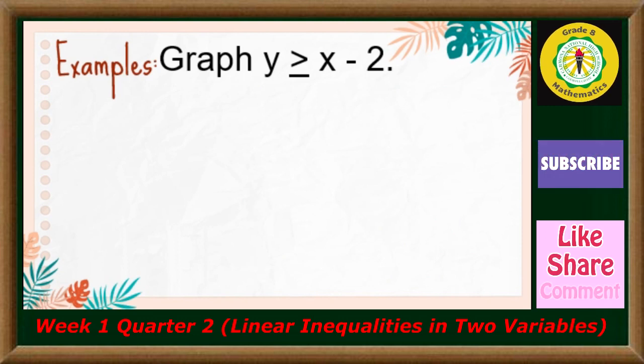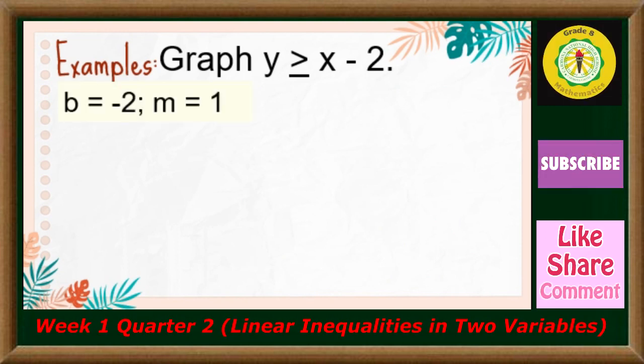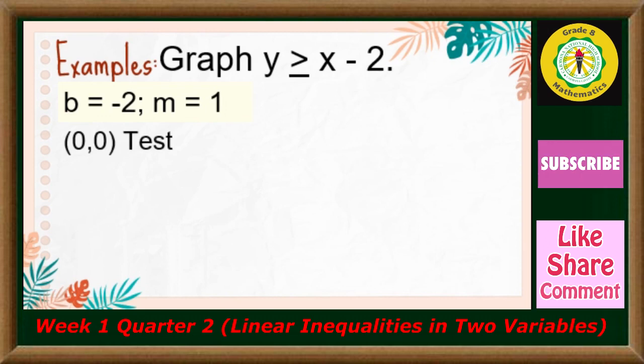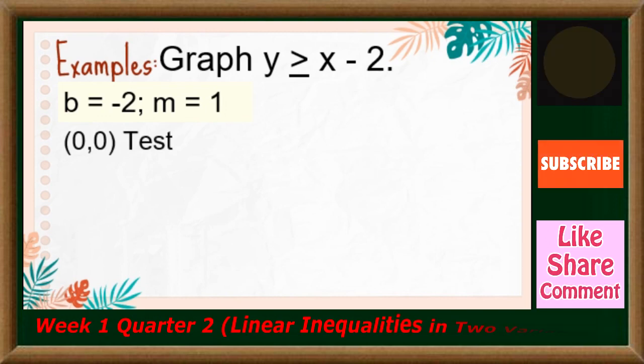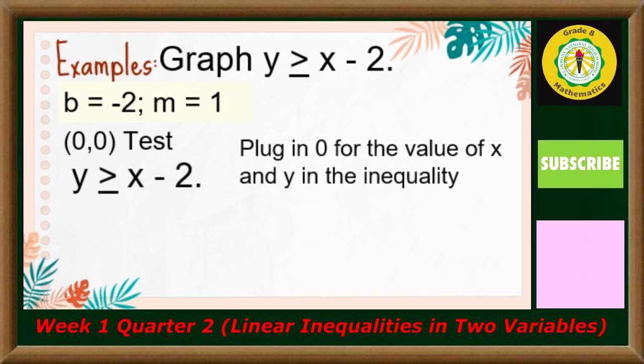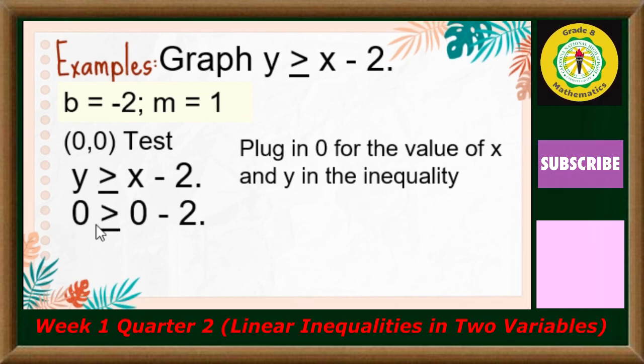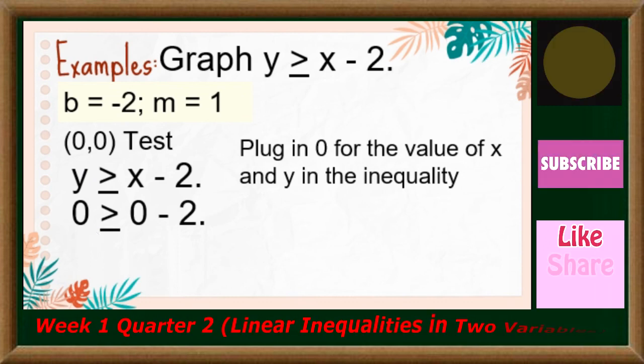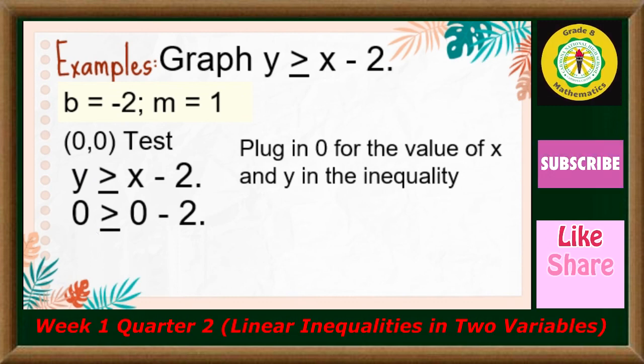Now, let's test. Again, the y-intercept is negative 2 and the slope is 1. Let's test (0, 0). We need to plug in 0 for the value of x and y in the inequality. So y is greater than or equal to x minus 2, which is the given inequality. Plugging in 0: 0 is greater than or equal to 0 minus 2.